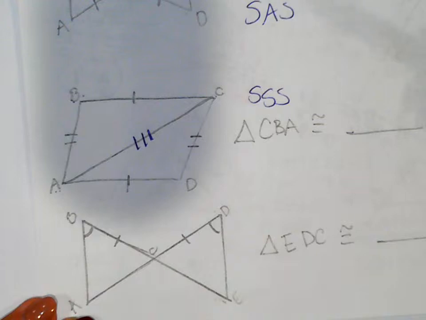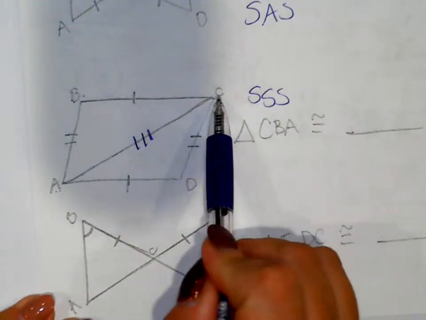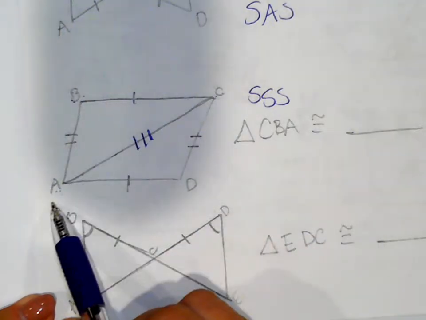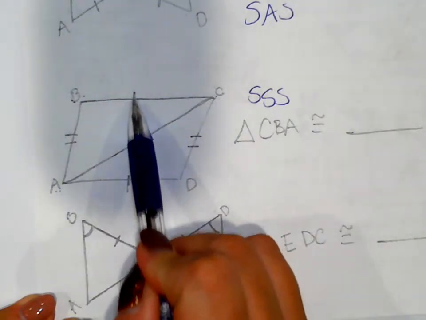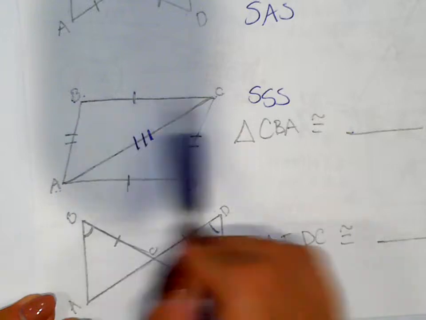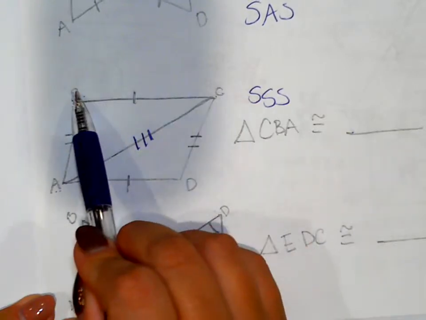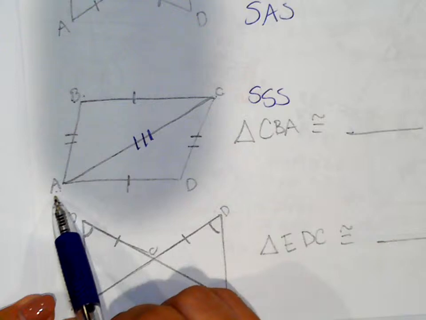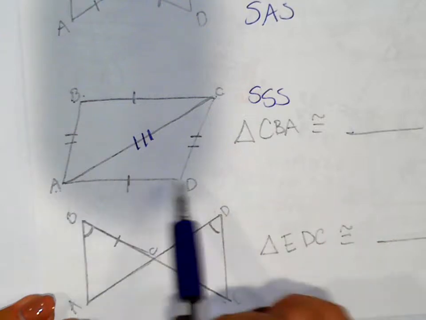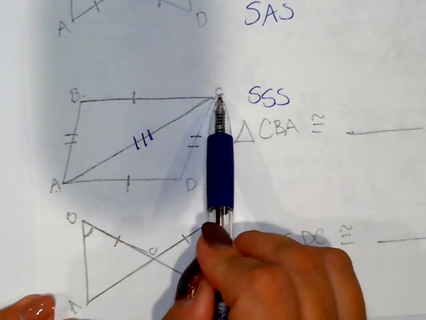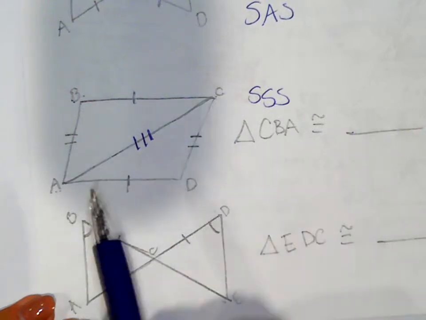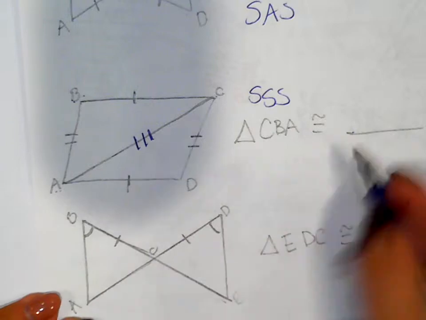So if you don't see which one's which and which sides match up, CBA, I'm using the one side first, the side with the one mark. So CBA, I need to go ADC. Just make sure you're lining them up the same way.